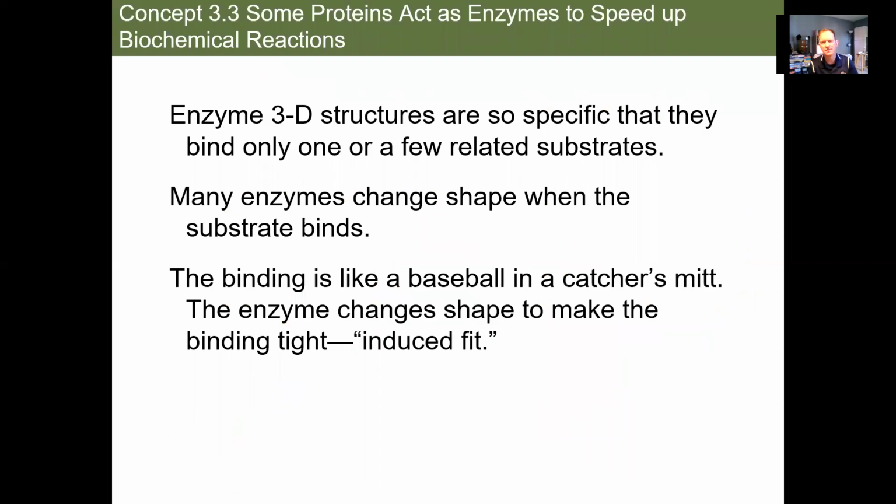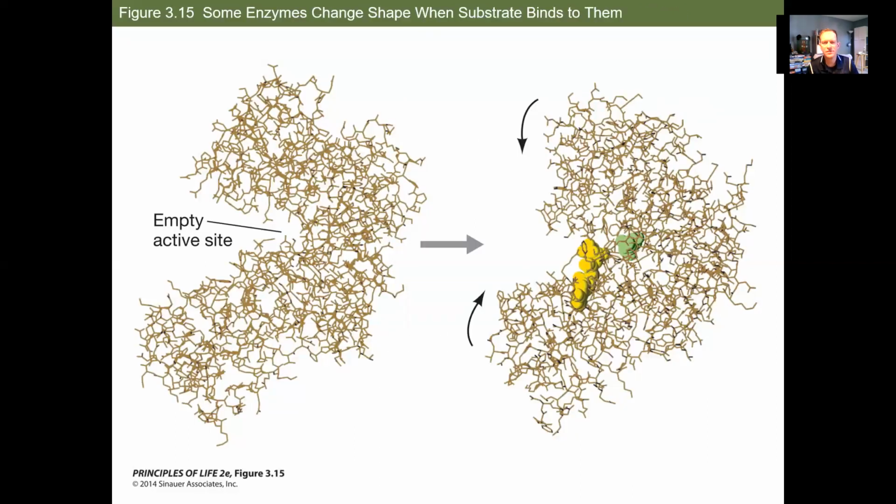Sorry, I'm back. When we have two substrates coming in, when we have an empty active site, the enzyme itself is kind of open and spread, which allows more ease of access. Then when we have the binding of one of our two substrates, it causes a configuration change, and arrows draw in, like the material comes into the pocket, like a catcher's mitt, like a baseball getting caught in the catcher's hand, and the catcher closes down on it.